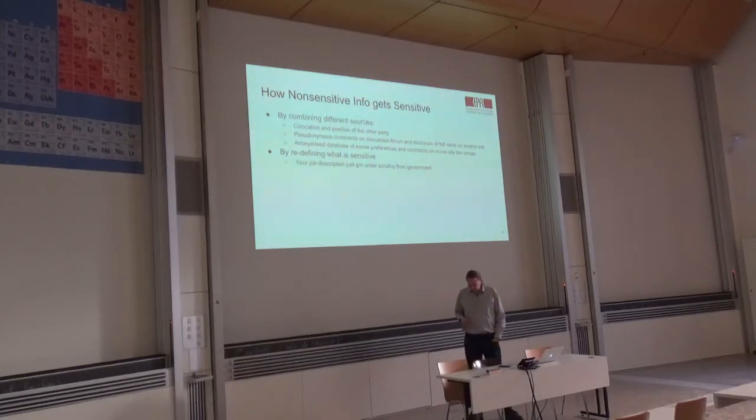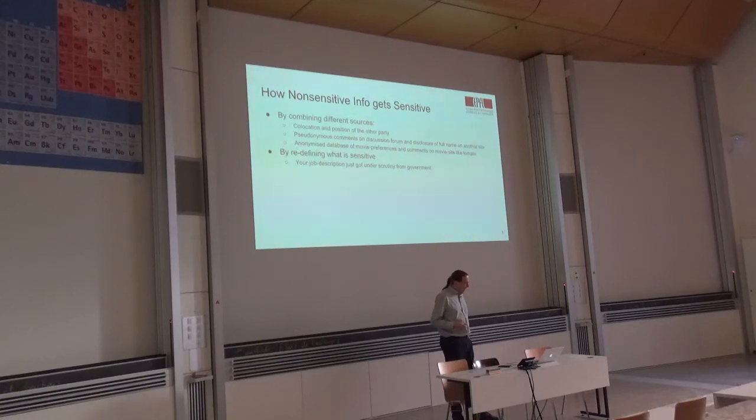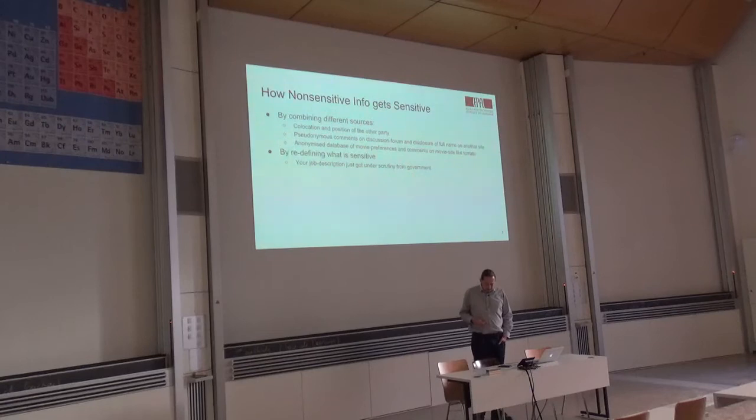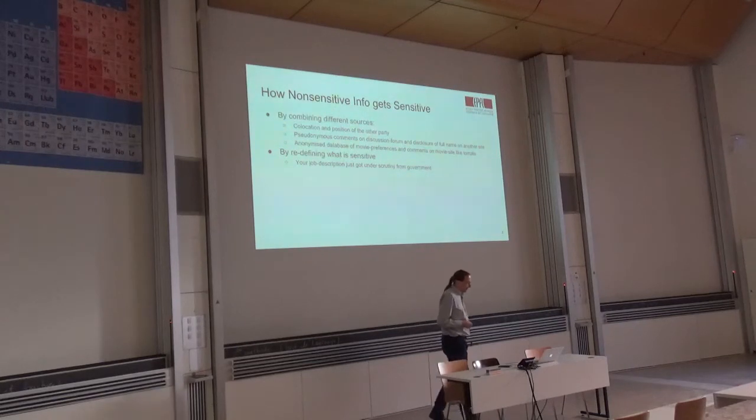Now, of course, there are many different definitions and levels of sensitivity. Some kinds of information might be sensitive in some contexts, but not so sensitive in others. But often, information that in many cases we think of as not too sensitive can become sensitive in certain contexts, such as through co-location.